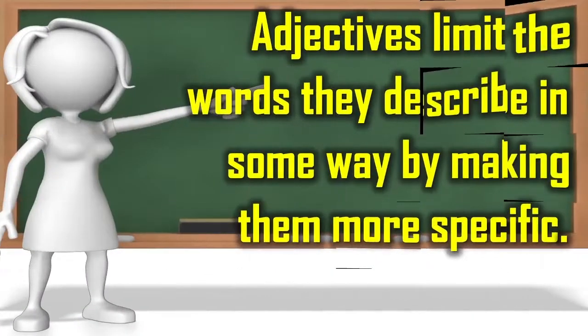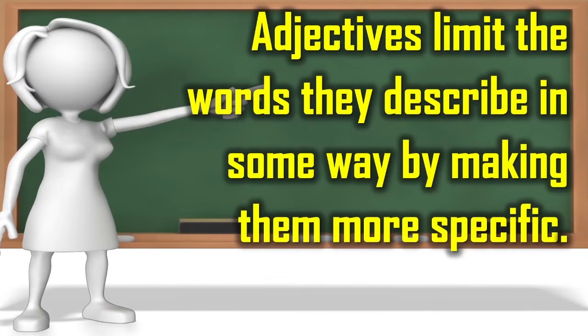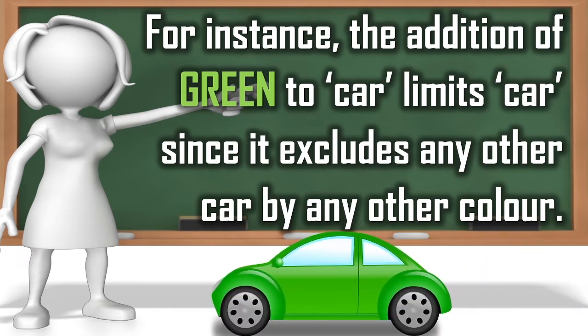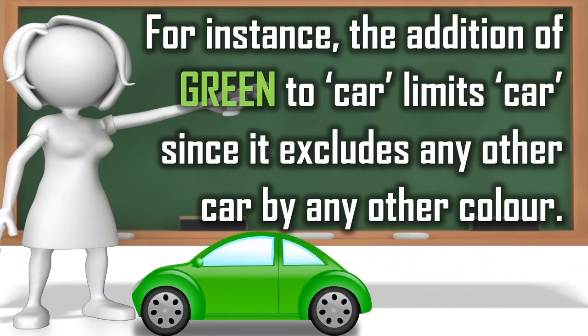Adjectives limit the words they describe in some way by making them more specific. For instance, the addition of green to car limits car as a noun, since that has excluded any other car by any other color. So when you say a green car, it means that car has been limited to that quality green.